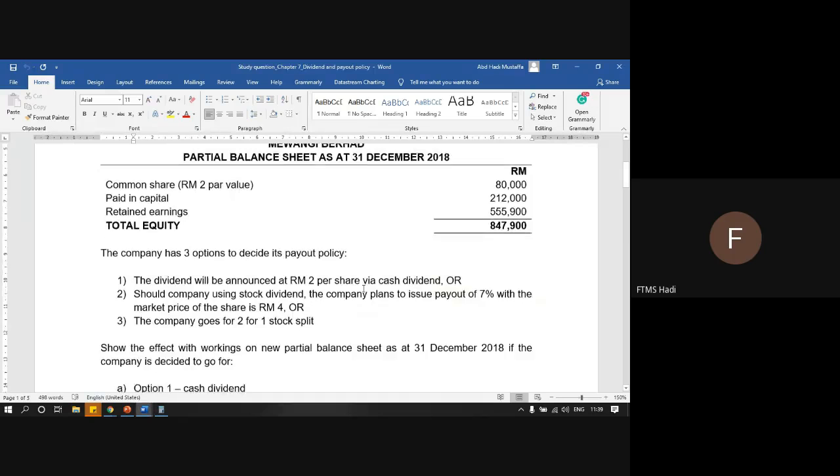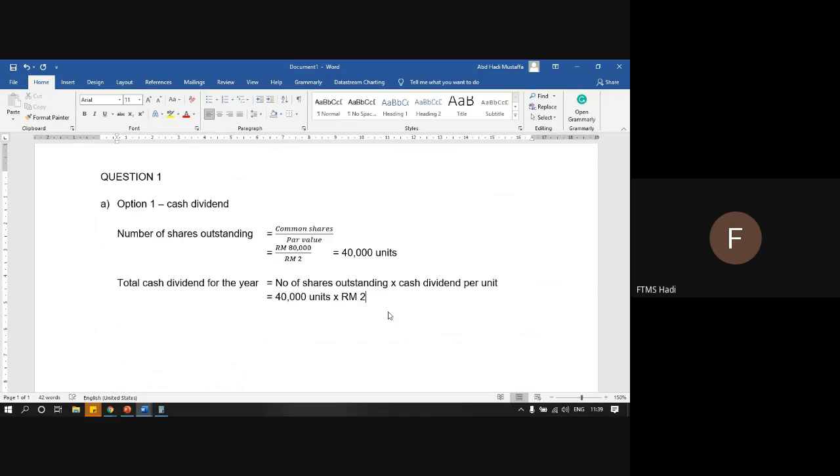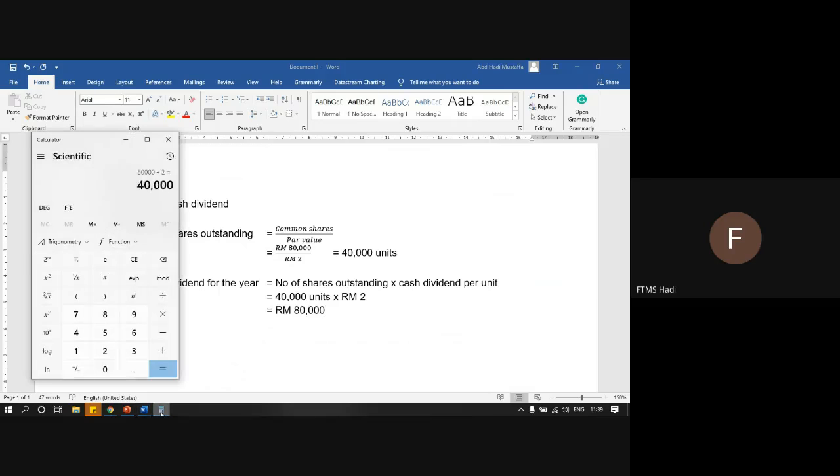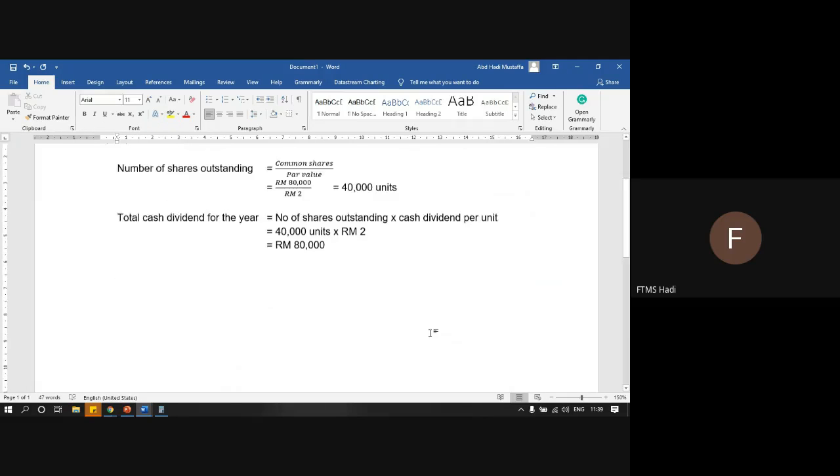Look back at the question: the dividend will be announced at 2 ringgit per share. So it will be 80,000, if 40,000 is multiplied by 2. This is a coincidence because par value is 2 and cash dividend is 2. Alright. So, therefore, you need to calculate the new retained earning.